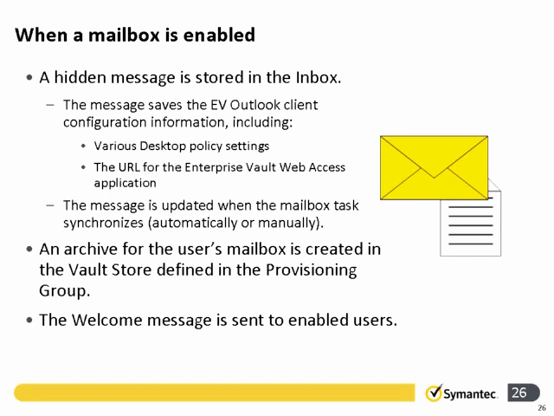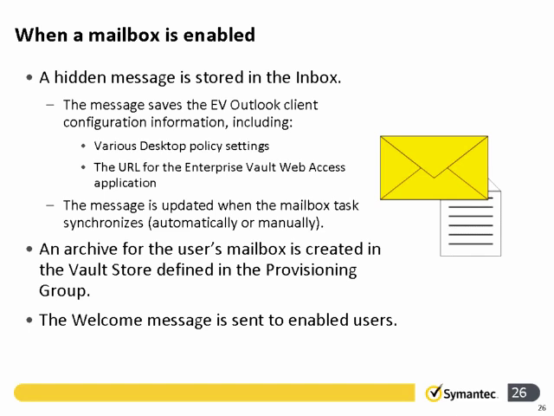Now, once the mailbox has been enabled, there are certain changes that occur associated with the mailbox. One of the changes is that we create what's called a hidden message. This hidden message will be stored in that user's inbox. They never see this hidden message unless they use some Enterprise Vault client-side tools. When we get to the troubleshooting lesson, we will show you what it looks like to see the information about the hidden message using those client-side tools.